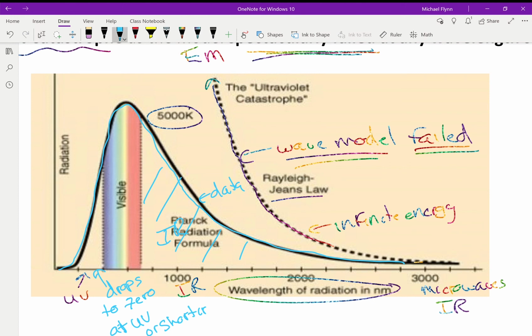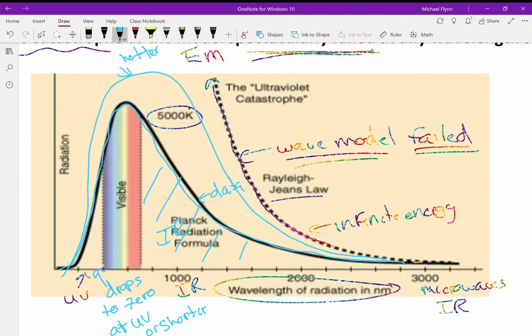They're all the same. If you had a hotter object, it would look something like this. That would be a hotter object. It emits more of everything, but it still drops off sharply right there at ultraviolet.